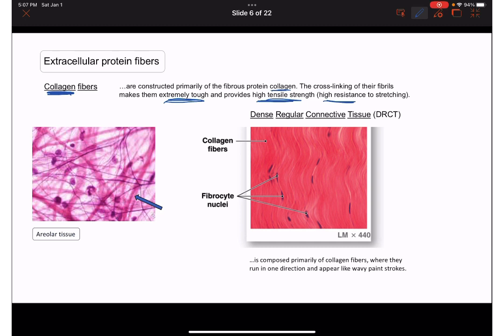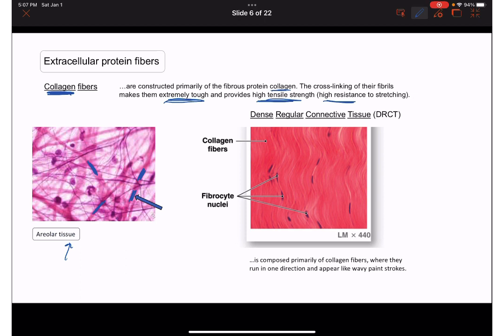And over here in the areolar tissue, these big, thick, pink bands are collagen fibers. So there are some collagen fibers in areolar tissue.